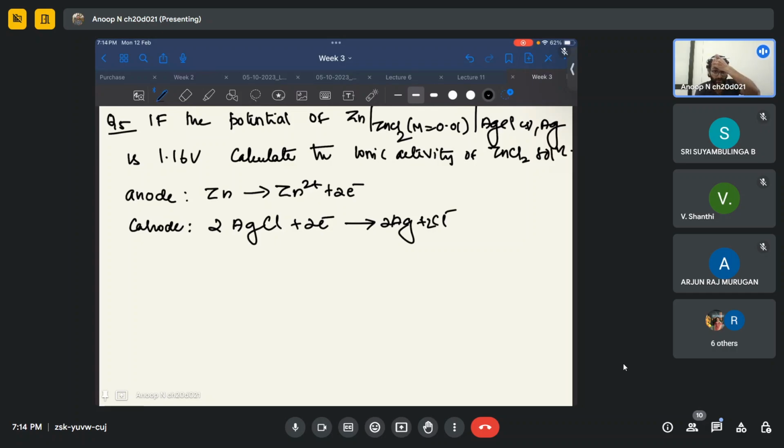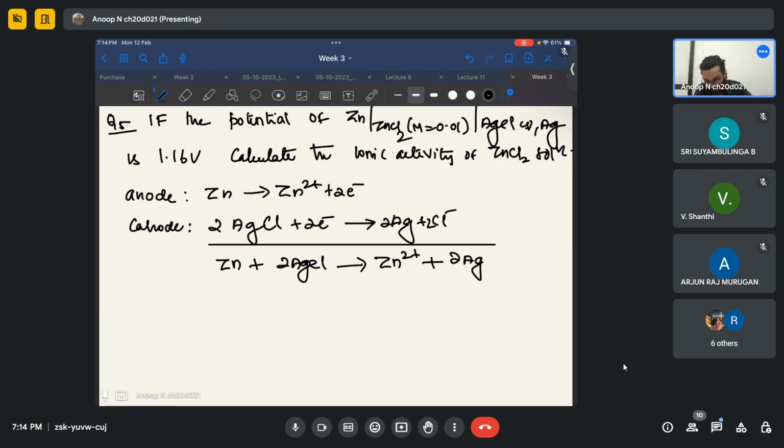So can you try to solve the Nernst equation? So what will be the overall reaction? It will be easy to solve. Zinc plus 2AgCl gives zinc 2+ plus 2Ag plus 2 Cl minus. Yeah, we can write it another way, which will give 2Ag plus zinc chloride.